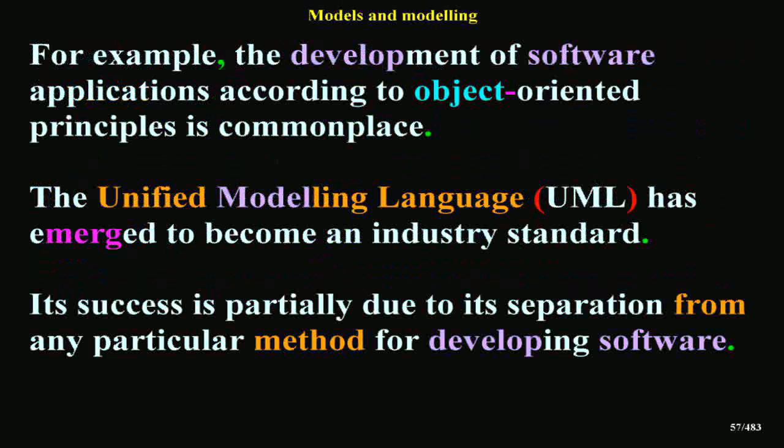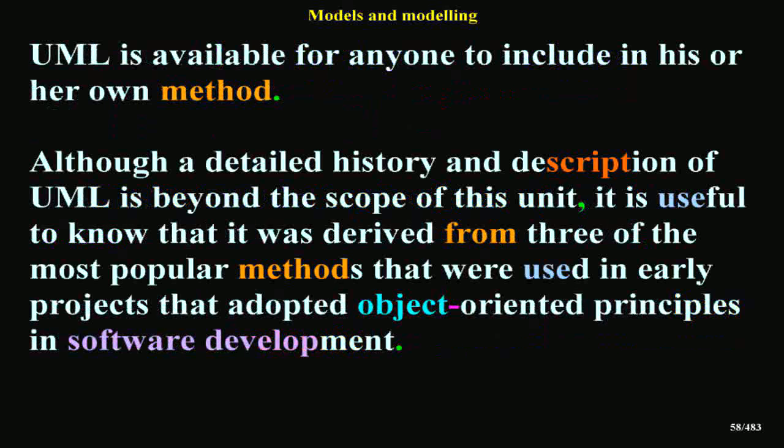For example, the development of software applications according to object-oriented principles is commonplace. The Unified Modeling Language (UML) has emerged to become an industry standard. Its success is partially due to its separation from any particular method for developing software. UML is available for anyone to include in his or her own method.